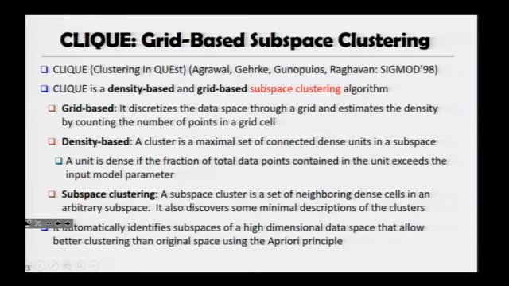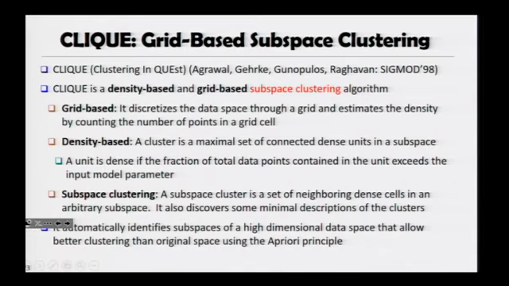It's actually a set of the neighboring dense cells in an arbitrary subspace. We can still use the example of the age and the salary of the employees. You may first dig out the clusters of the employees by only looking at their salary, or you can try to cluster those employees by only looking at their ages.